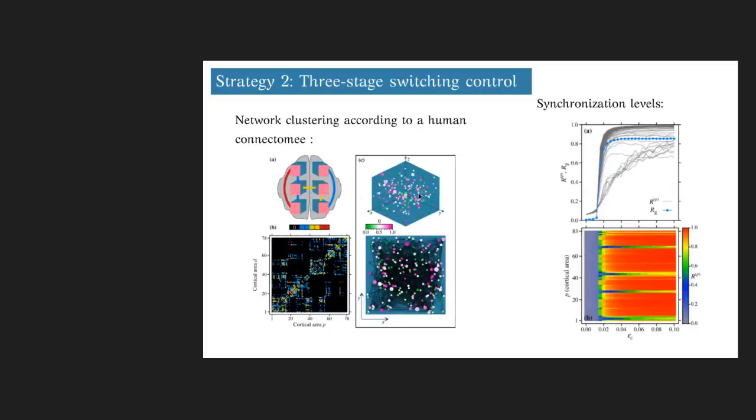In this work, each cortical area is simulated by a scale-free network. But here it is not a Barabási-Albert scale-free network; this network is grown according to the Bianconi-Barabási algorithm.